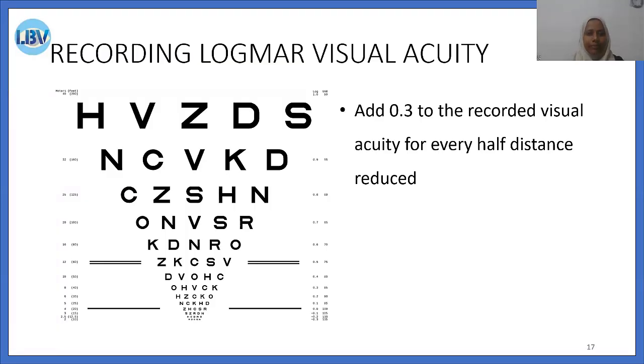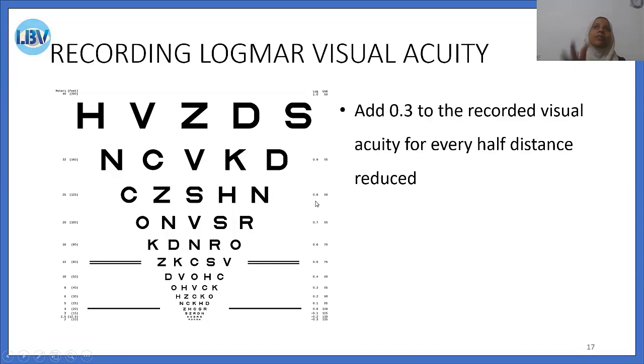Even if at 2 meter distance the patient is not able to read a single letter from the chart, even the biggest one, then you can reduce the distance further to 1 meter. When you reduce the distance further to 1 meter, you again add 0.3 to the recorded visual acuity. So after coming to 1 meter, you simply ask the patient how much the patient can read.